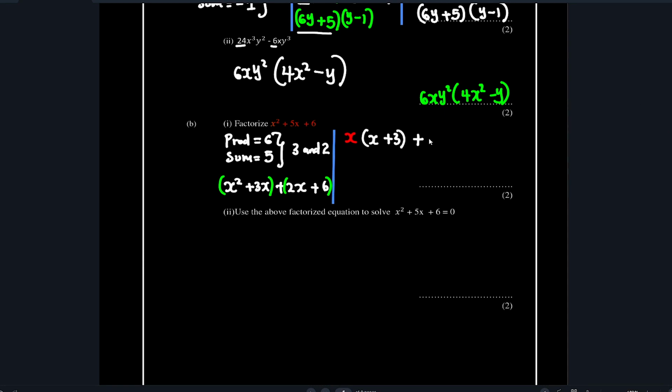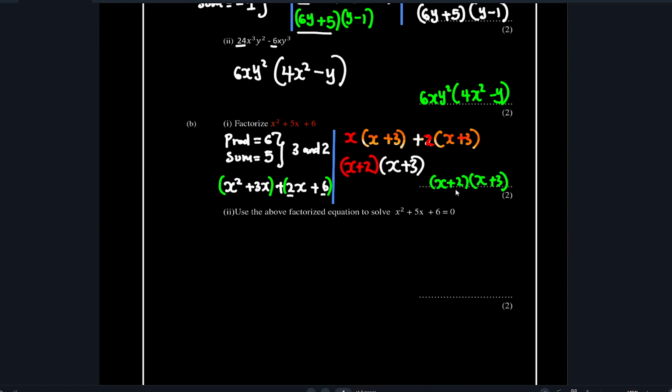In the second bracket 2 can go into 6 as well, so we are going to factor 2 out, and then we have x plus 3. Then we pick those terms which are outside, that is going to be x plus 2, and one of the two brackets which are the same, and that's going to be x plus 3. And that is what you're supposed to have there.